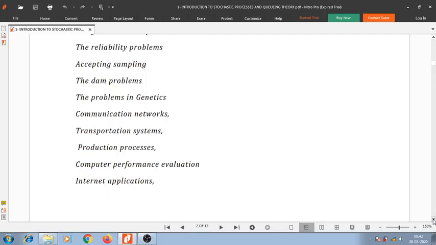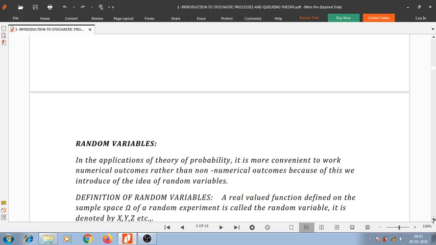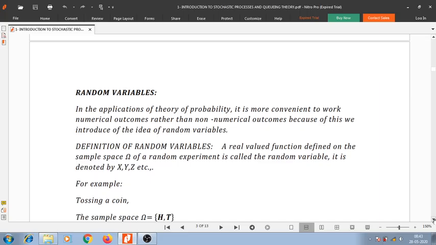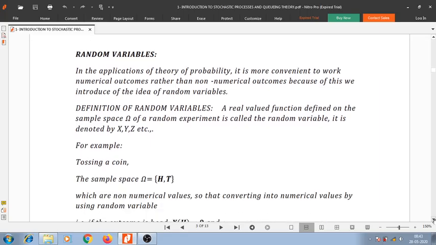Right. So before defining the stochastic process, I would like to introduce the random variable. Of course, you already have an idea of this, but for our convenience, we just recall it. So what is a random variable? To understand the random variable, we should know the random experiment. What is the random experiment?